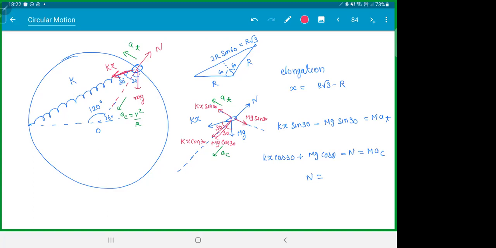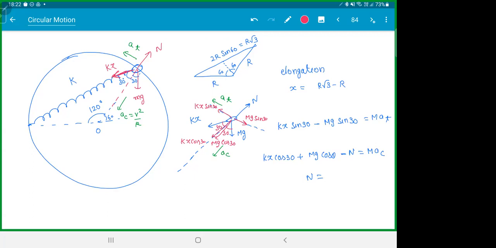Are the steps clear? So the spring force will act along the spring, but the normal will act towards the center. Mg will act down. There are only three forces. Since you're going in a circle, there'll be a centripetal acceleration and a tangential acceleration. So the tangential components of forces will give you A tangential. Along this direction will give you A centripetal.